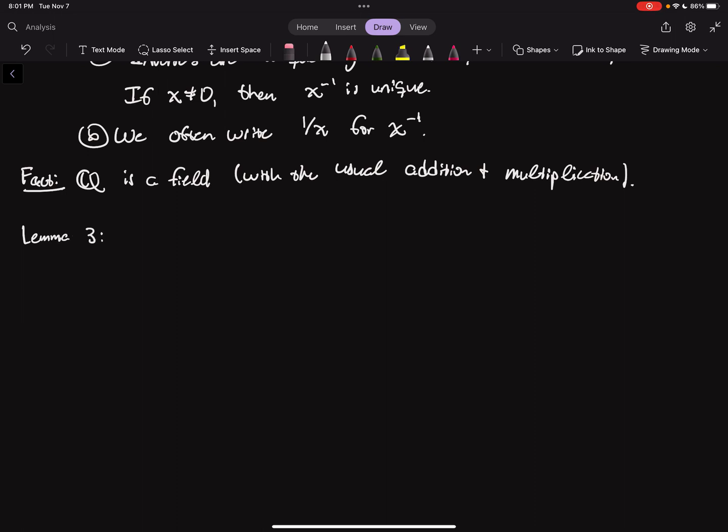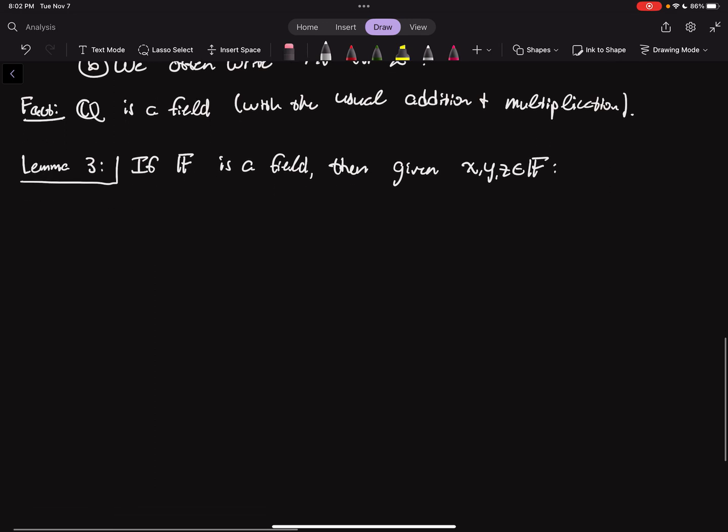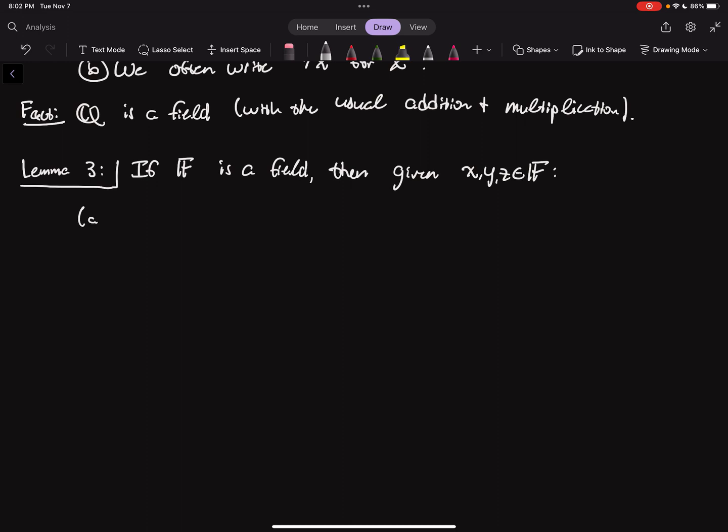But let's just do this as an example. So if F is a field, and remember, we really think F, plus, dot, it's just we're being cheeky. If F is a field, then given x, y, and z in F, the following must hold. The first one is that if x plus y equals x plus z, then y equals z.